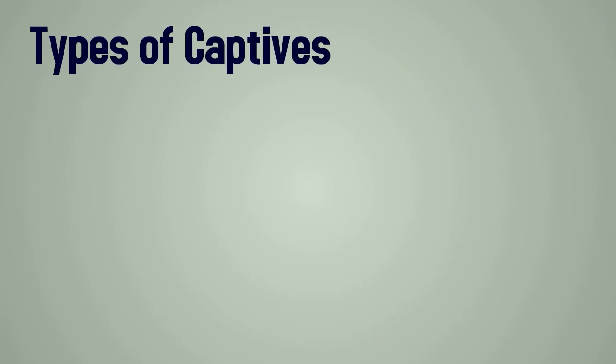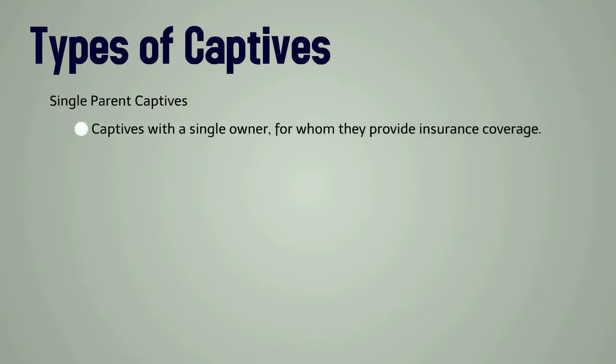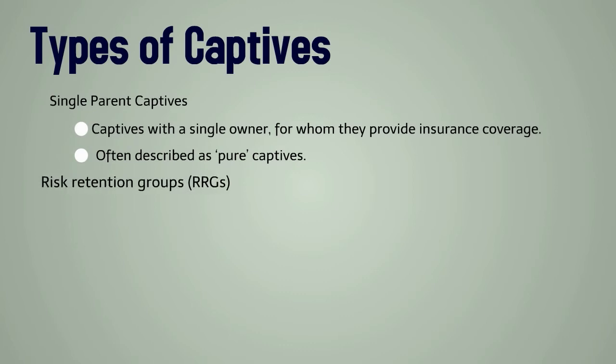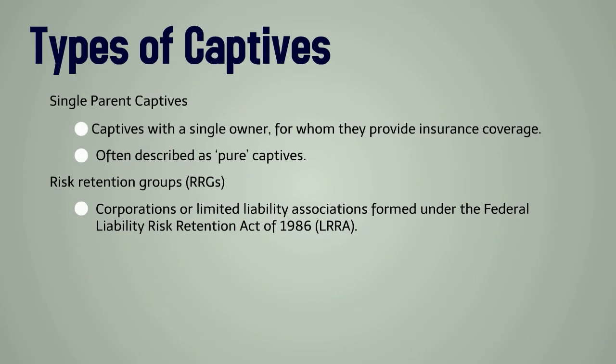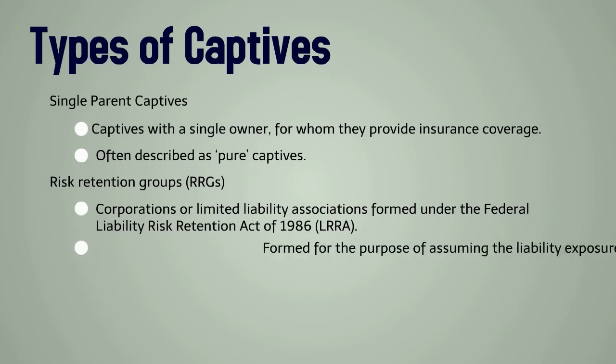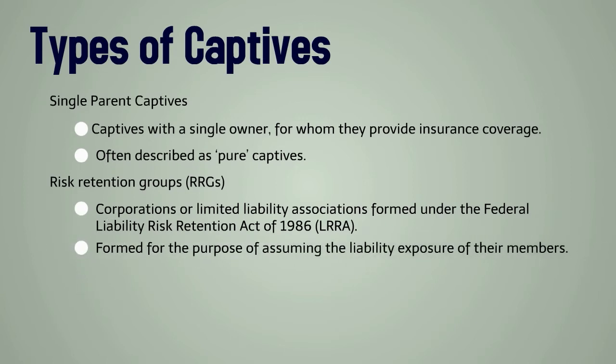There are several types of captives. Single-parent captives: captives with a single owner for whom they provide insurance coverage. These are often described as pure captives. Risk retention groups: corporations or limited liability associations formed under the Federal Liability Risk Retention Act of 1986, formed for the purpose of assuming the liability exposure of their members.